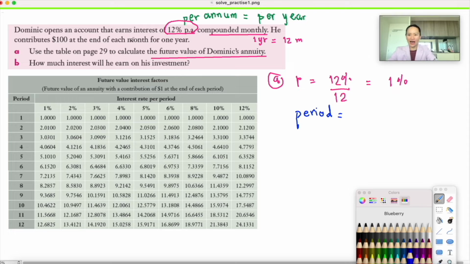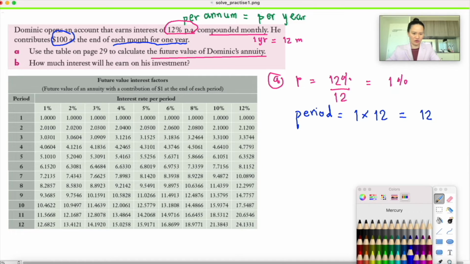They said that they contribute $100 at the end of each month for 1 year. Again, at the end of each month for 1 year. So 1 year, but they contribute every month. 1 year has 12 months, so you need to multiply by 12, which equals 12. Now we know rate 1%, we know period 12. We find out about the value. Let's go.